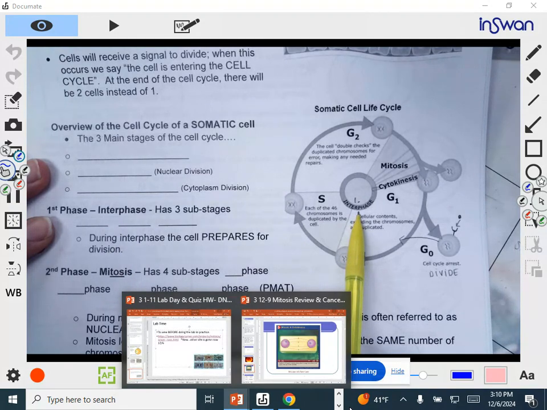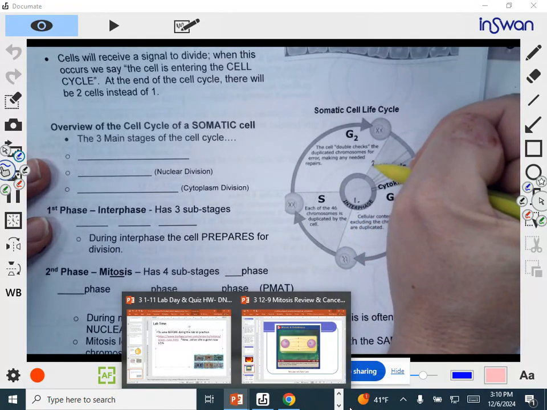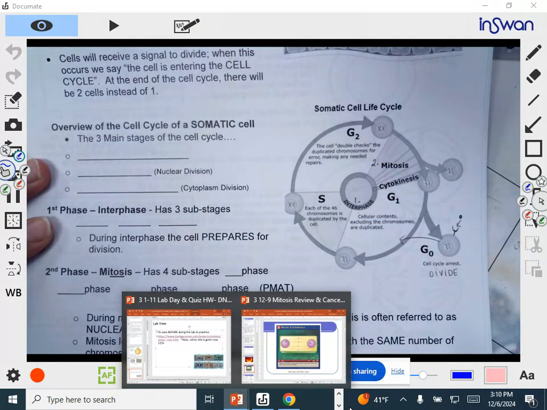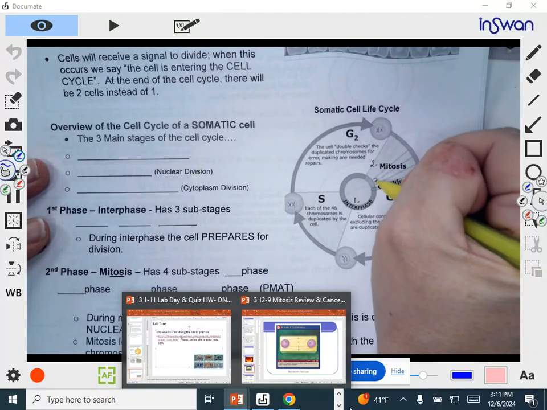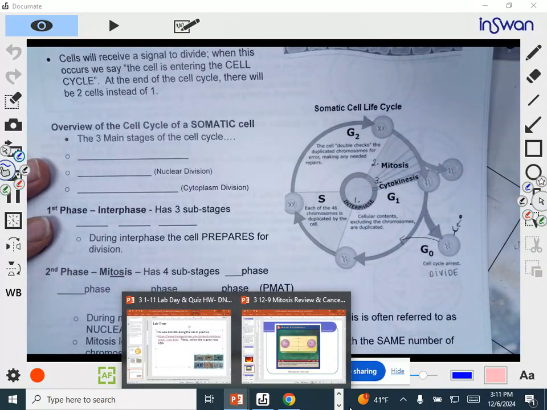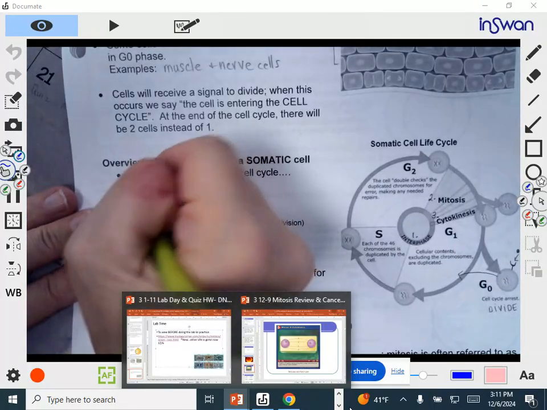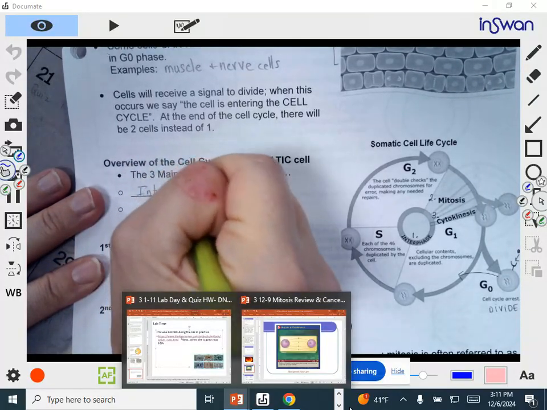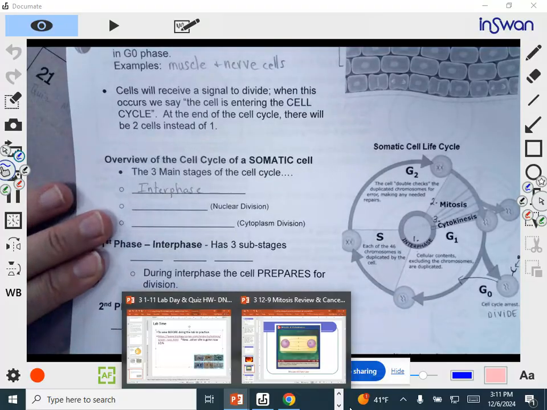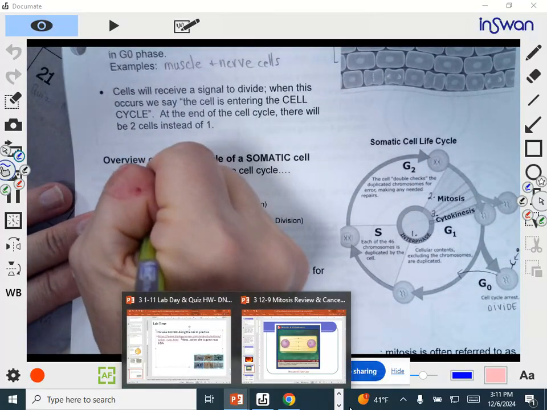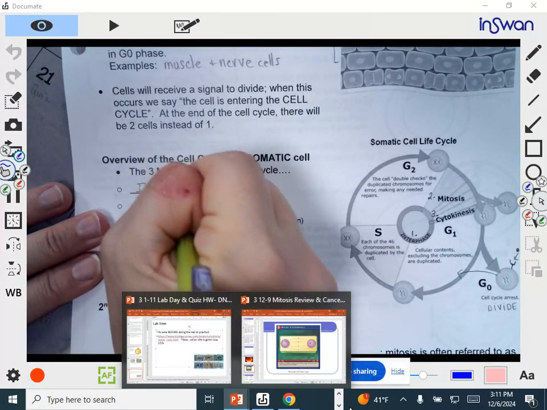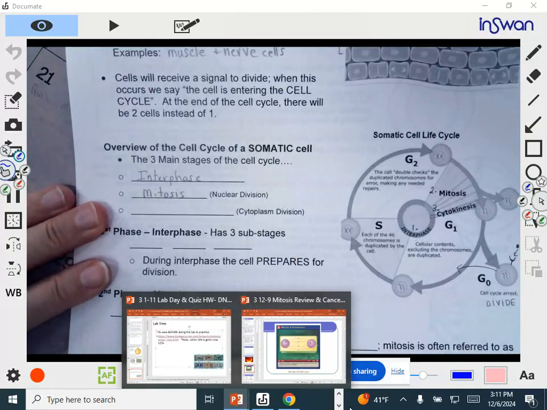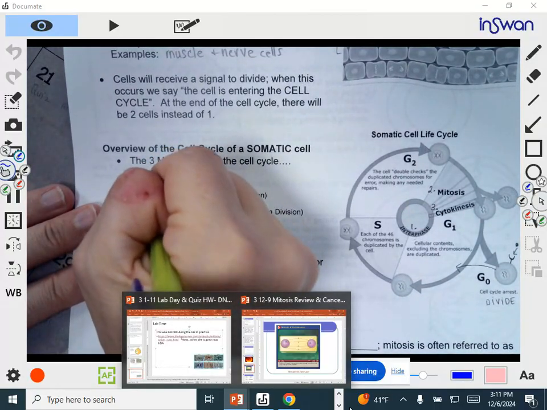We have interphase, then we end up with a cell going through mitosis, and then the last stage that the cell's going to go through is called cytokinesis. So let's indicate we have interphase, and then a second main stage is mitosis, and then we have cytokinesis.